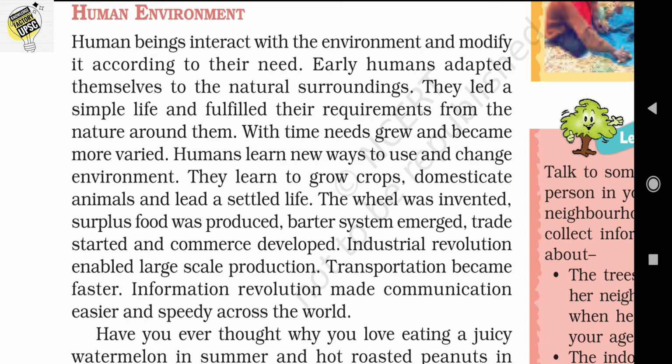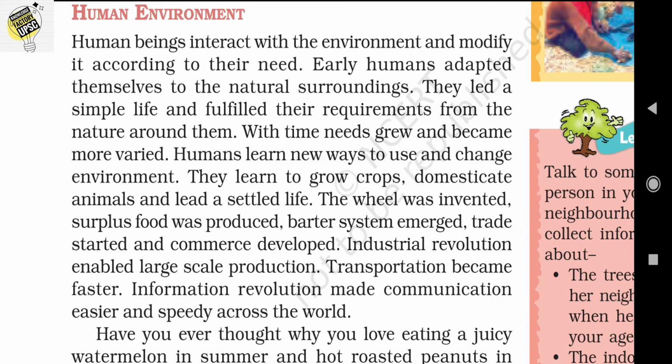Human beings learned new ways to change their environment. They learned to grow crops, domesticate animals, and lead a settled life. The wheel was invented, surplus food and commerce developed. The Industrial Revolution enabled large scale production and made transport faster. The Information Revolution made communication easier and speedy across the world.